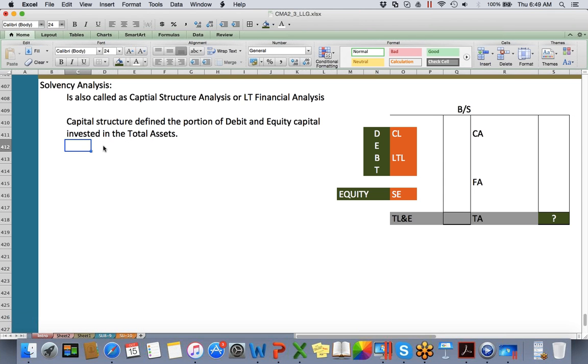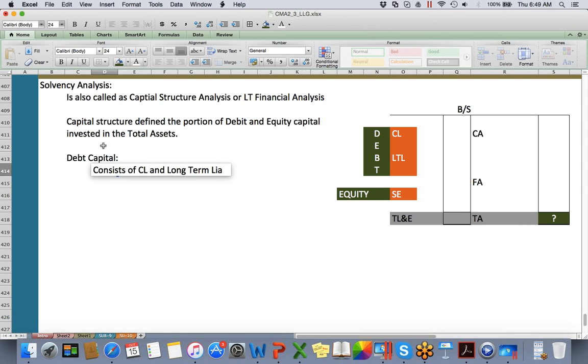Debt capital consists of current liabilities and long-term liabilities. Debt capital carries interest. The benefit is that interest is exempted from tax, so we have a tax shield.